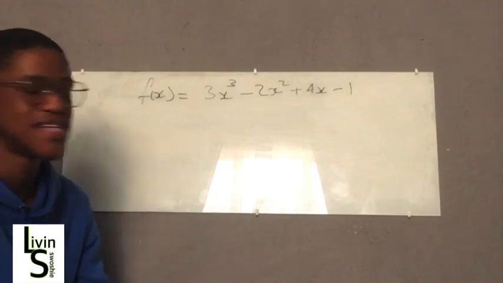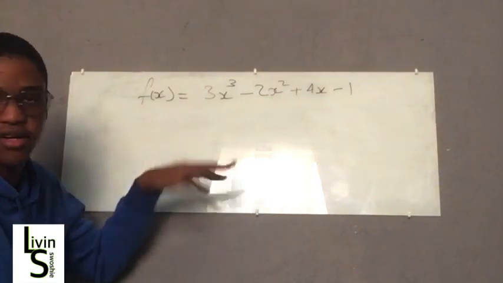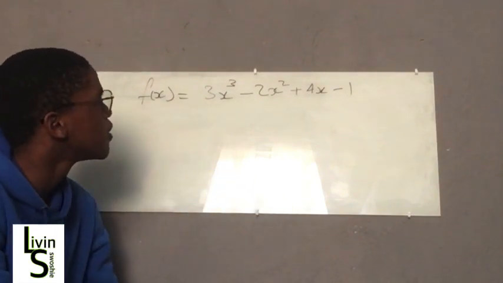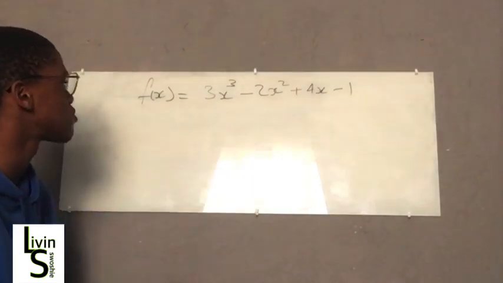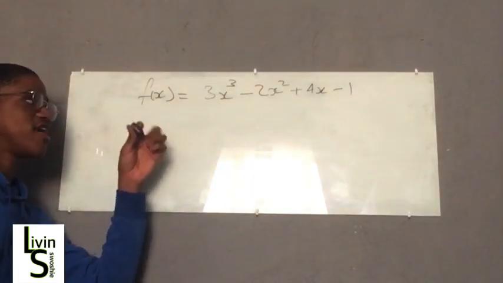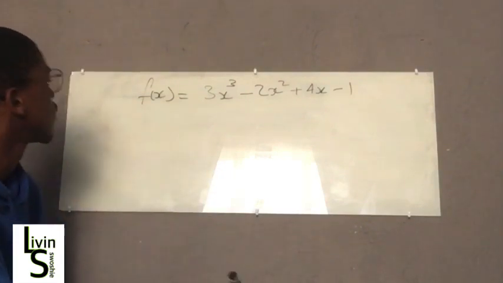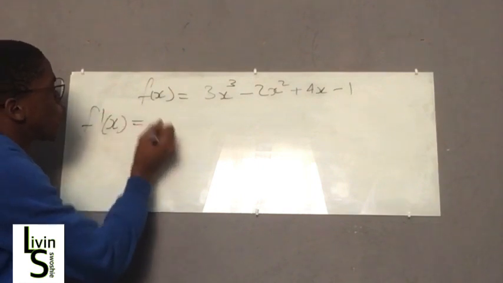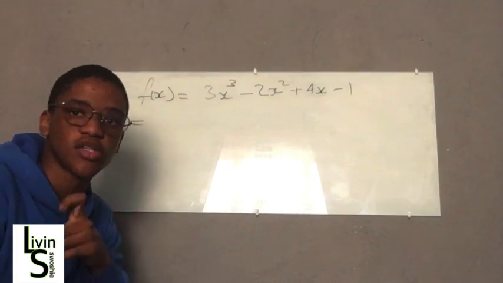Okay, I've gone ahead and added a bit more digits because you're probably going to deal with something that is more related to this. Okay, fine. This is a cubic function. So they say find the derivative of this using the power rule. So it's still the same thing. You're going to say f prime of x is equal to base times exponent. You can write it out if you want to avoid mistakes.